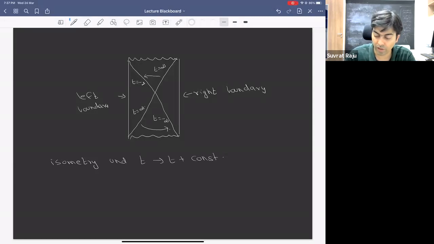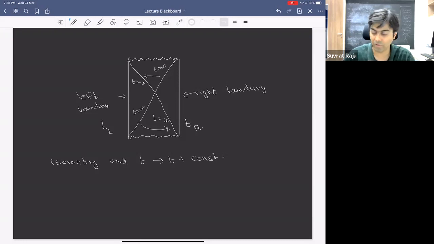So if you were to really assign a t_L on the left boundary and a t_R on the right boundary, then this isometry, which has to do with taking the bulk Schwarzschild t to t plus constant, corresponds to taking t_R to t_R plus constant and t_L to t_L minus constant.